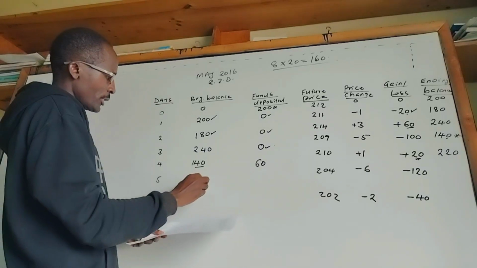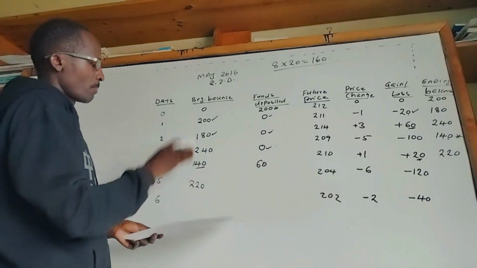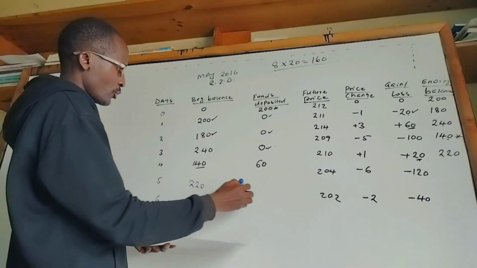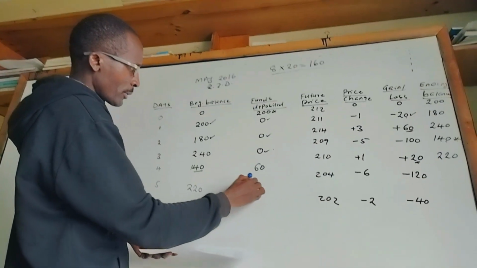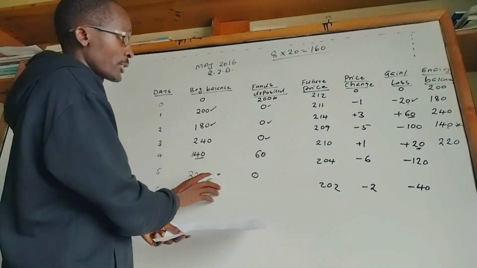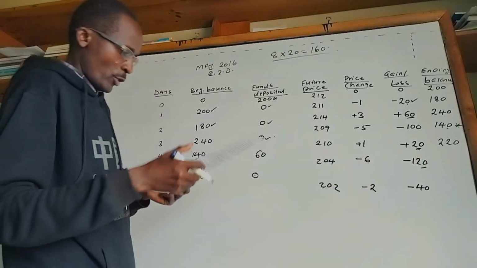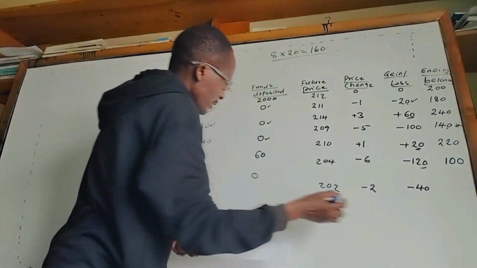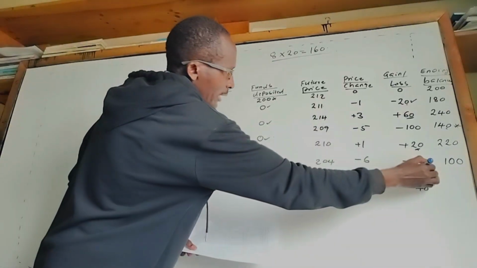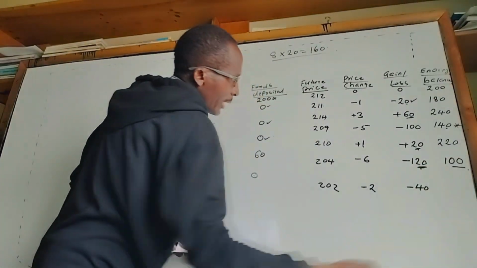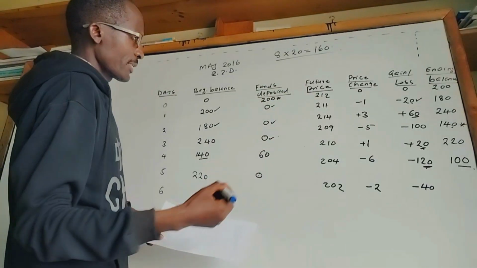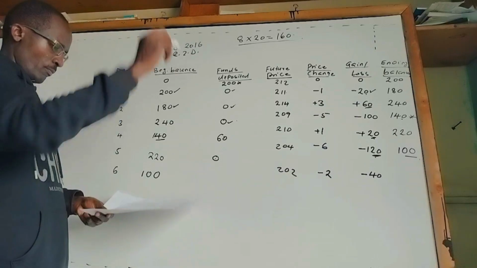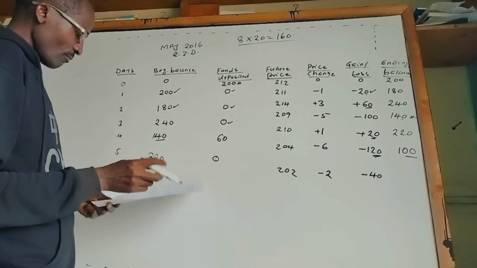The figure is not below 160, so there is no deposit there. You are depositing nothing. So 220 minus 120 is 100. The 100 is our opening balance there.